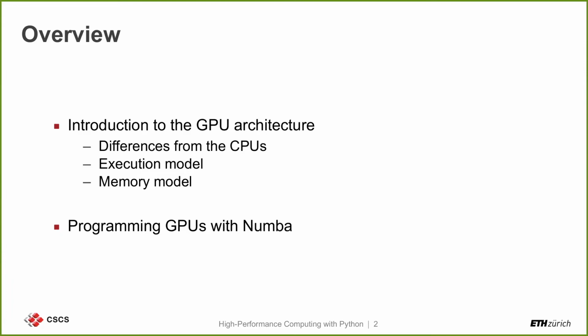And then we go on with the notebooks, up to lunchtime and the 1 hour after lunch, onto how we can use Numba to generate CUDA code for our applications and accelerate them with the GPUs.